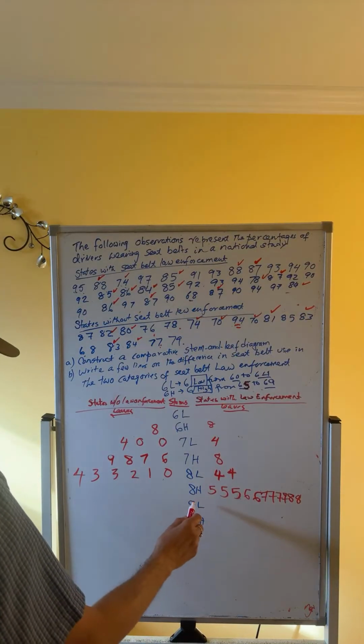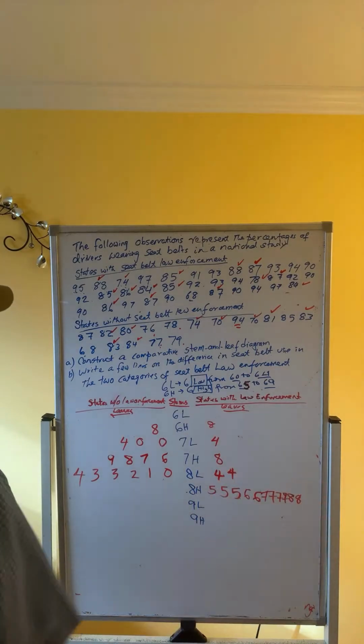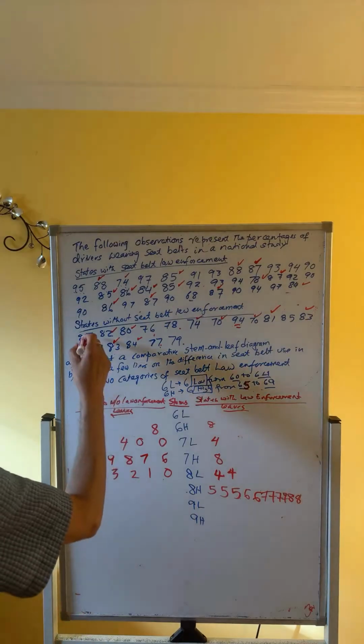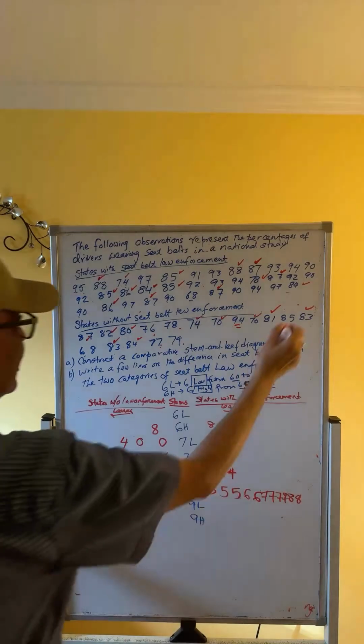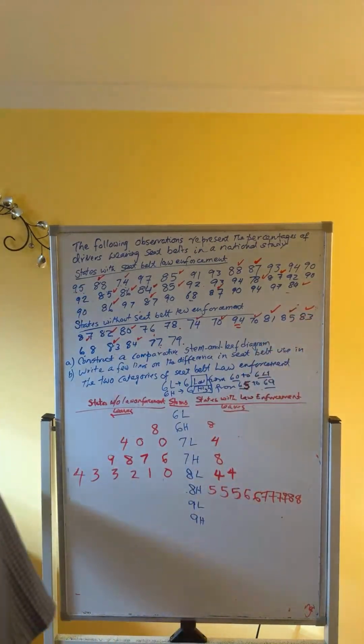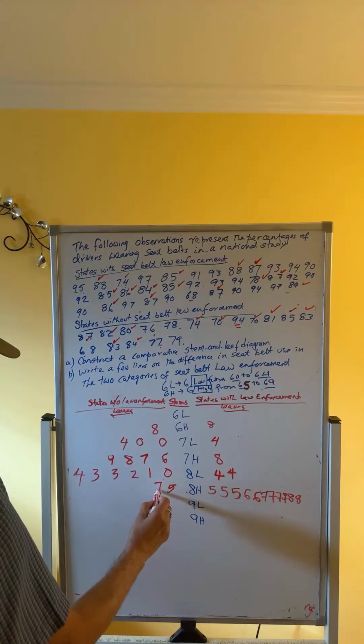Oh, I forgot the 8 high. 8 high for states without enforcement. 8 high again is from 85 through 85 to 89. So there is the 87 here, and there is 85 here. So there is a 5 and a 7.